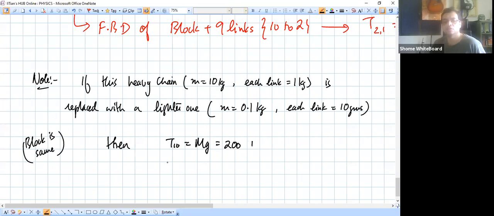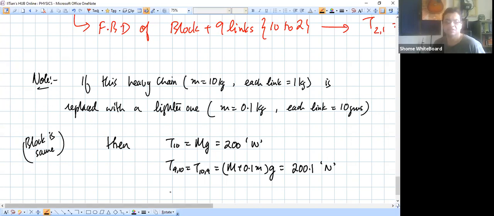But this would become, how much now? 10 grams, that is equivalent to 0.01 kg. So into 10 it becomes 0.1 newtons. So this would become 200.1 newtons.